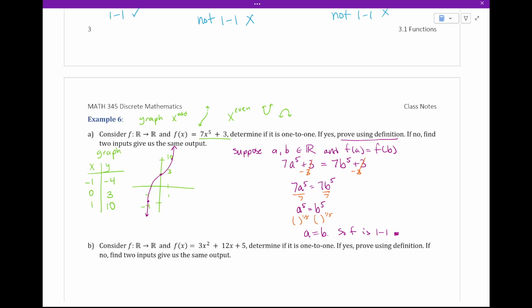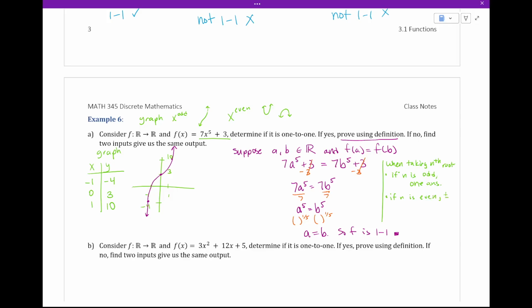Here's just kind of off to the side: when you're taking nth roots, if n is odd, there's one answer, either positive or negative. If a would have been negative, then this is negative. If b is negative, this is negative. If a is positive, this is positive. However, if n is even, there are two answers.